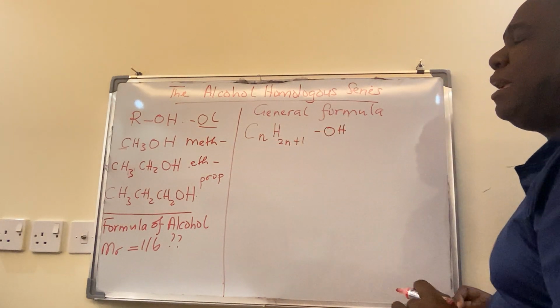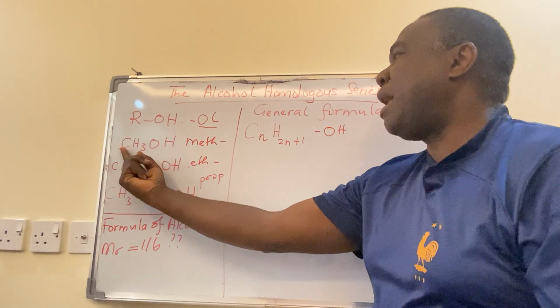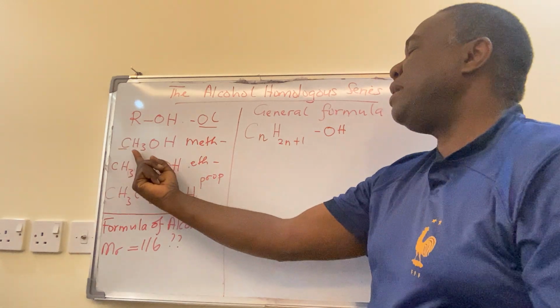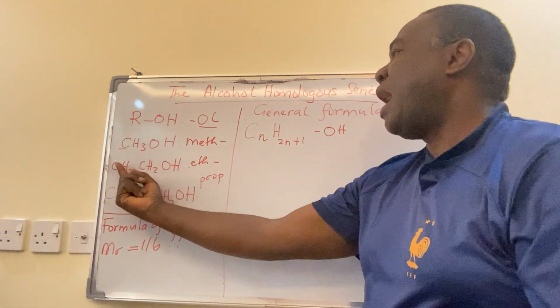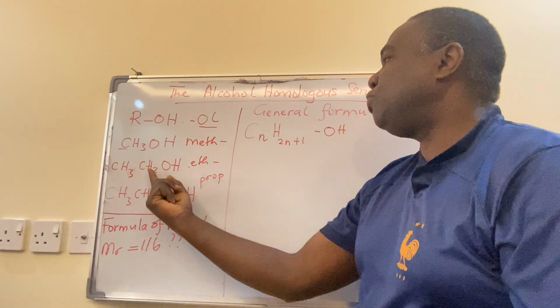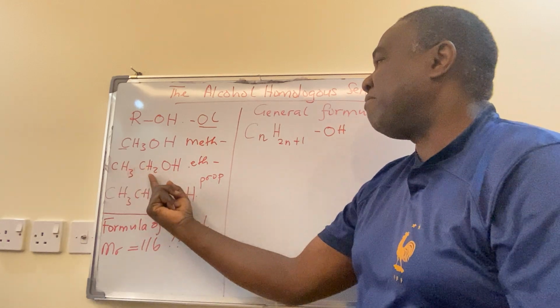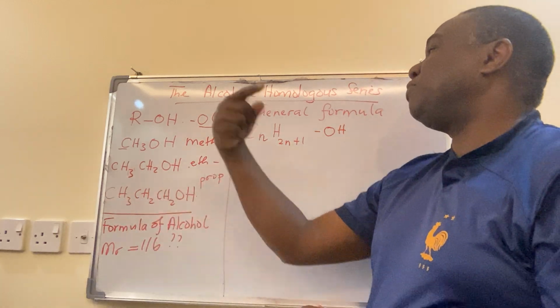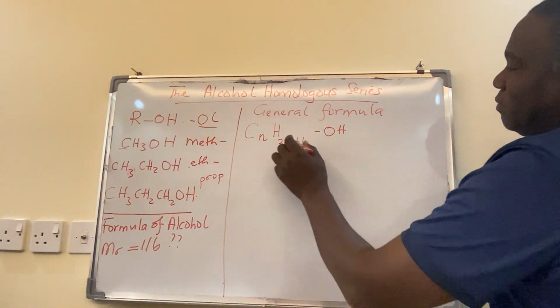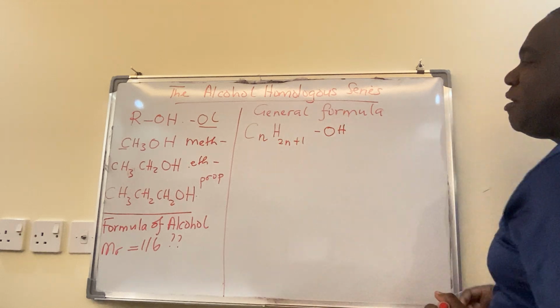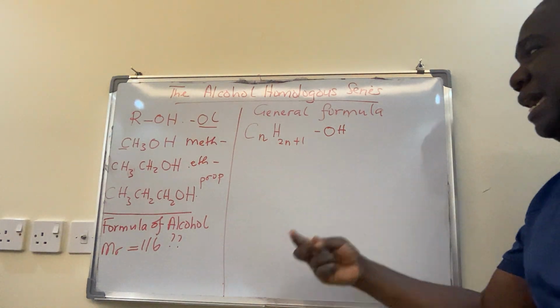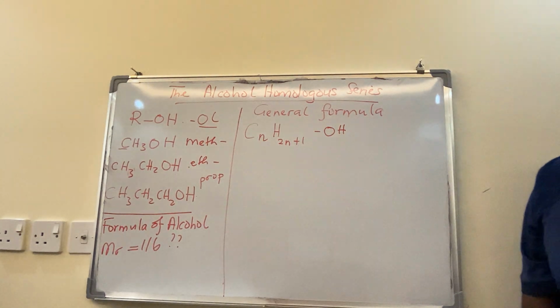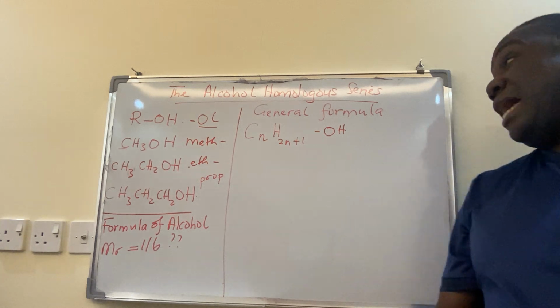I have 1 carbon, 2 times 1 is 2 plus 1 is 3. I have 2 carbons, 2 times 2 is 4 plus 1 is 5. I have 3 carbons, 3 times 2 is 6 plus 1 is 7. So this becomes the general formula for my alcohol, CnH2n+1 OH. And then we get the answer there.